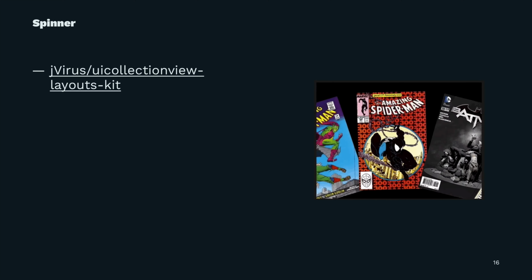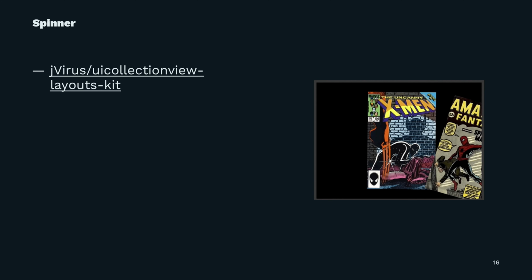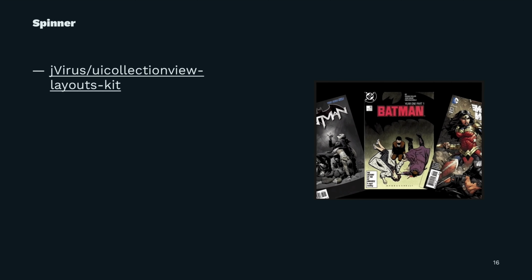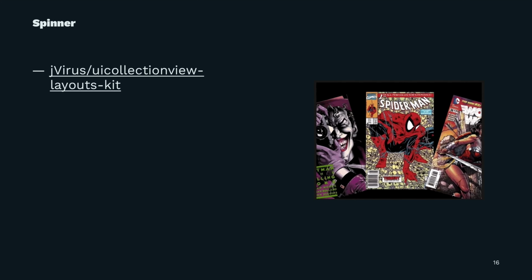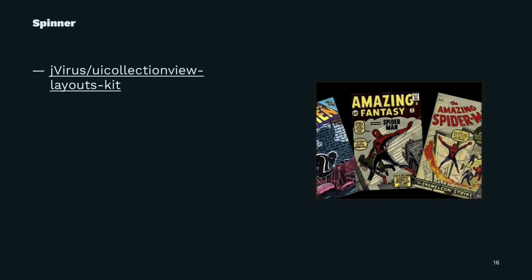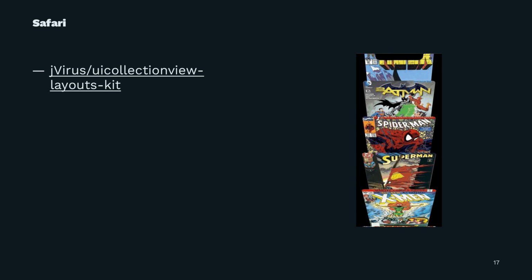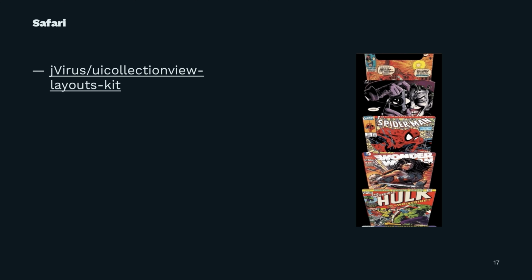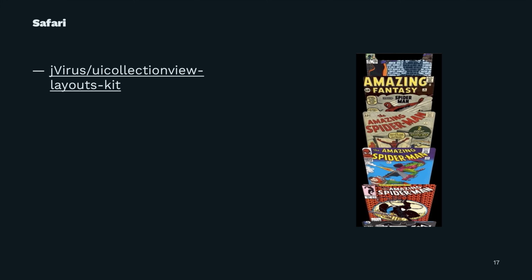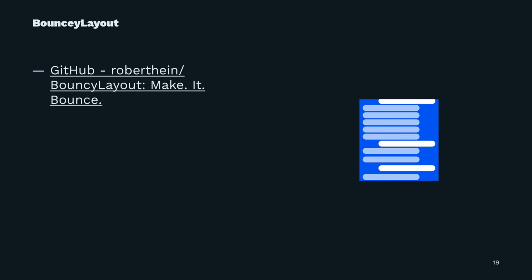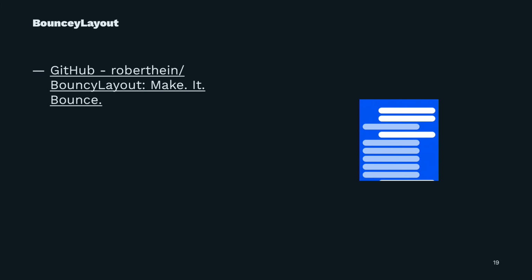For example, this is a spinning type of layout from this open source library. You also have, for example, the Safari tabs, or this carousel style layout, or even this chat message kind of UI that bounces.